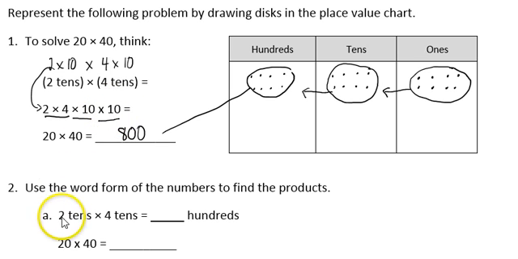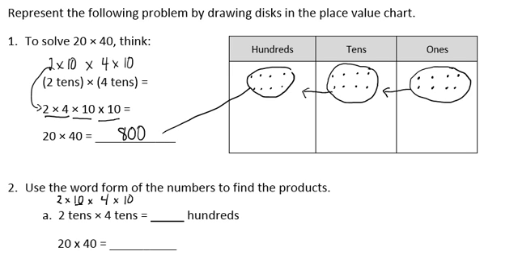Let's look at this in word form for the second problem. Problem is 2 tens times 4 tens. I can think of that, just like in the first problem, as 2 times 10 times 4 times 10.